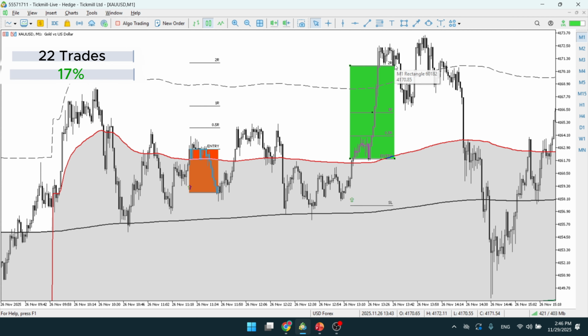This is not a 2R, this is a 1R because we had the entry hit here.